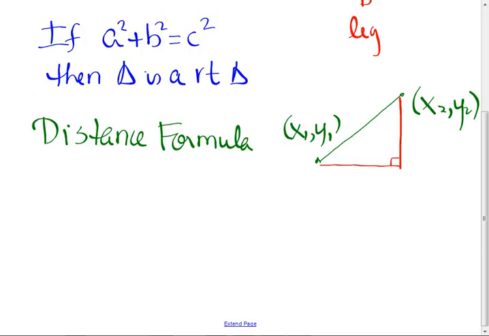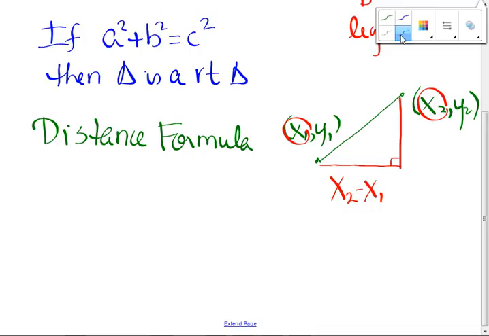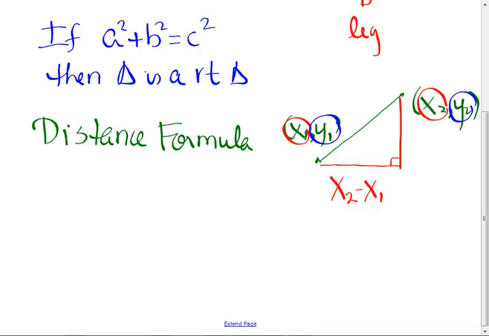The distance, girls, the distance between x2 and x1 is the length of that side. The length of the other side is the change in the y's. How do you know how far you've gone? You subtract them.